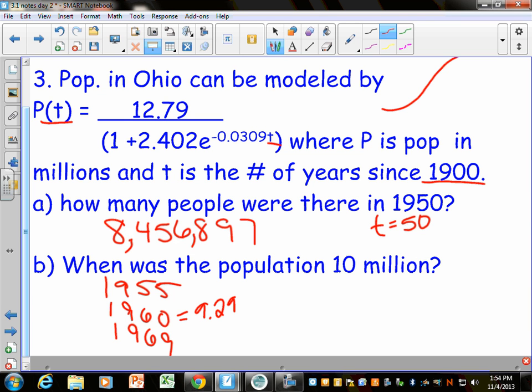And then I picked 1970. And I got 10.02. But I went back to 1969 because I was like, well, what if it was 10 million in 1969 also? But it was 9.95 million. So I think 1970 would be the better choice.